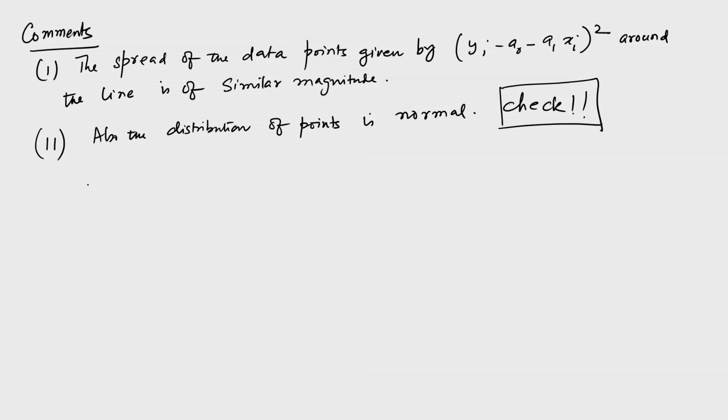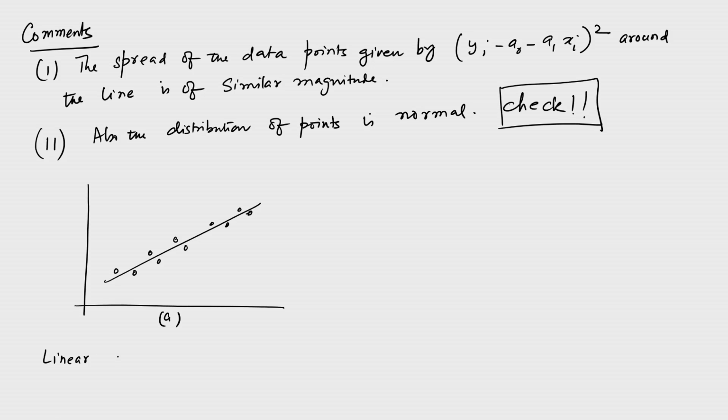If you look at two plots, you have a line and you have data points like this, and so on. Let us call this A, a linear regression with small errors. And take another one.